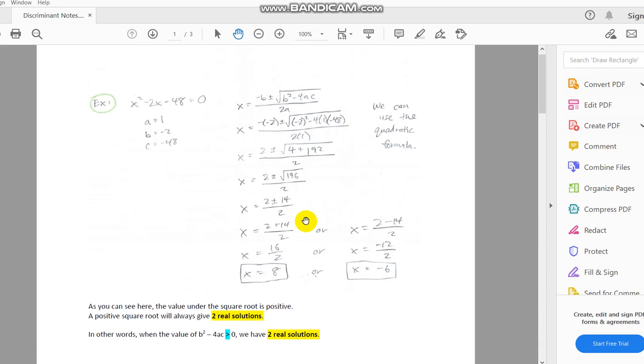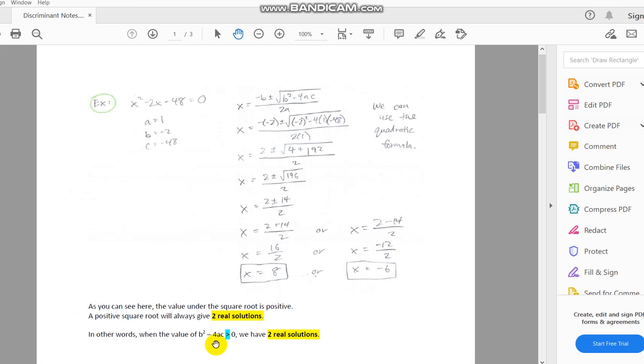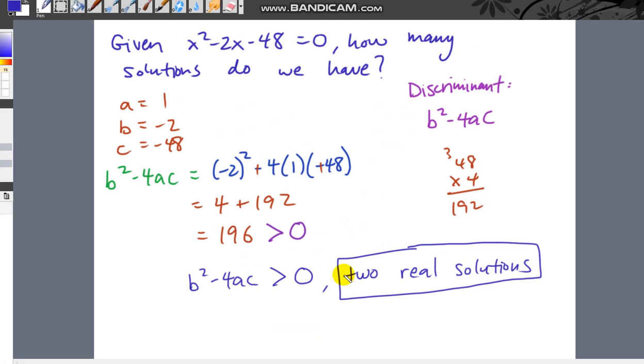Do you see this problem here? X squared minus 2x minus 48. So yeah, based on that little rule, we have 2 real solutions, and those 2 real solutions are right there. So this, if you're wondering, is a way that you can figure out how many solutions you have without actually calculating or trying to solve for x using the quadratic formula.